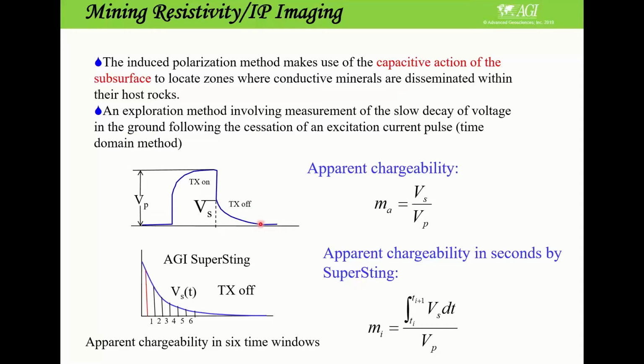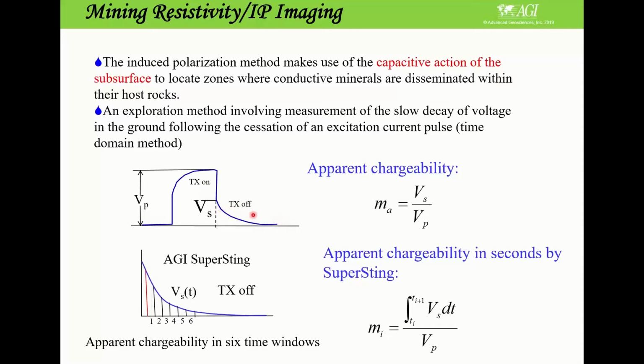That's like the typical capacitive action of the subsurface. So you have this chargeability. If the decay takes a longer time, you have better metallic material underneath. If this decay is shorter, you have a short response coming from that metallic mining area. So less chargeability or longer chargeability.